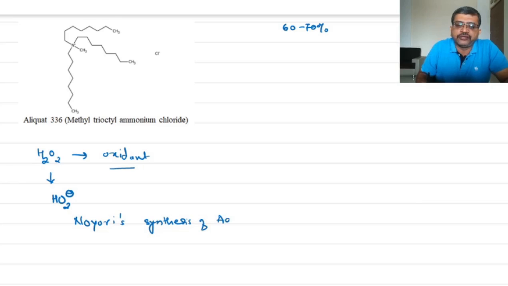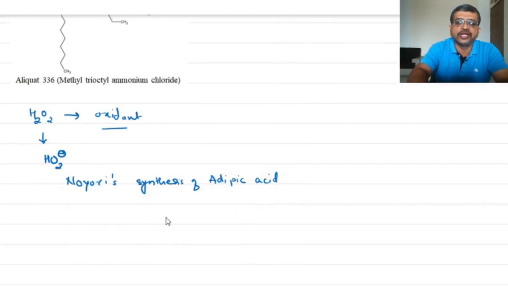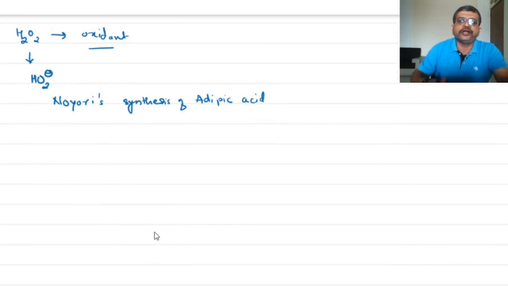adipic acid. We have seen in our first lecture on green chemistry how adipic acid is useful for industry. We require it in very large quantities. So this adipic acid can be obtained from cyclohexene by Noyori's synthesis when it is treated with H2O2.